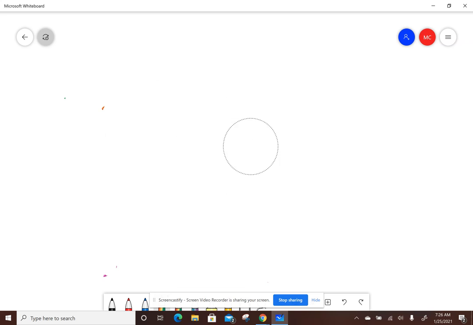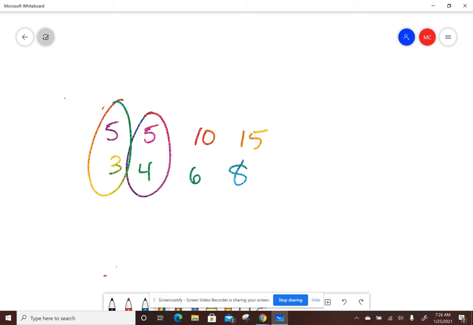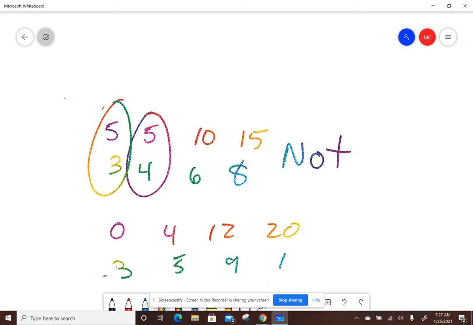Let's look at the next 2. I see 5, 5, 10, 15. It's not a function because x repeats. For the next one, it's 0, 4, 12, and 20. None of the x's repeat, so this is a function.